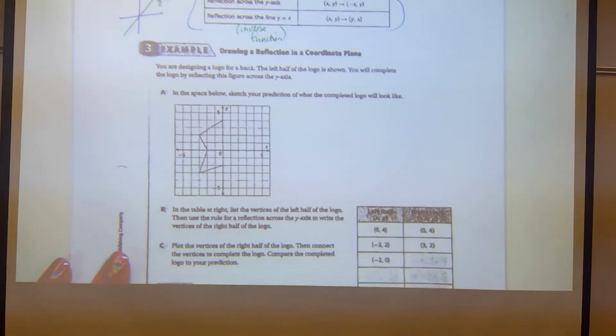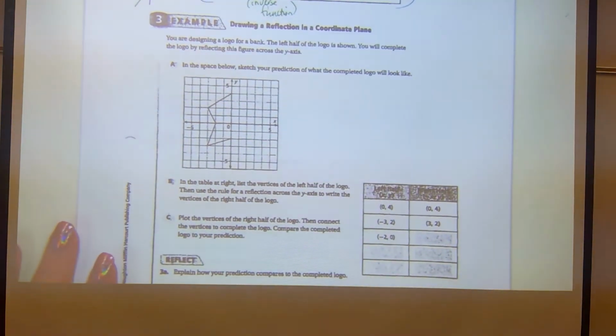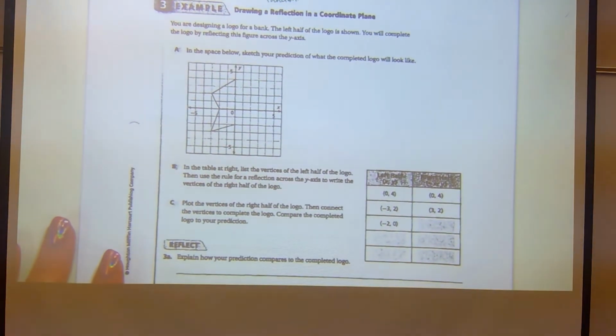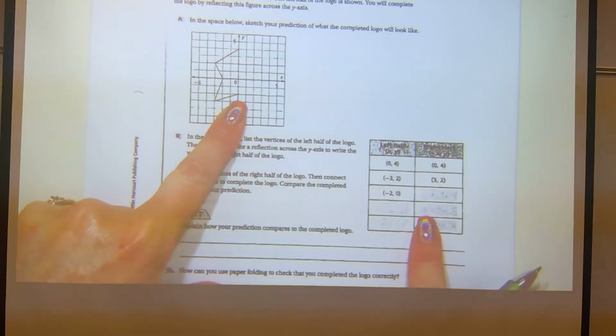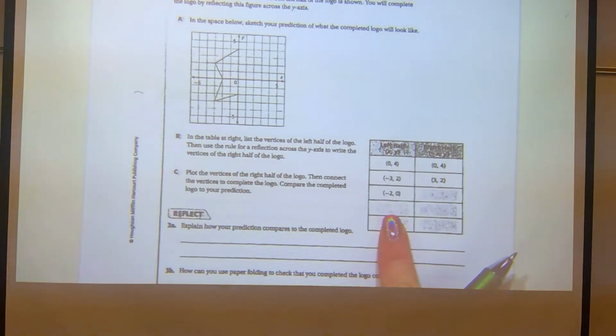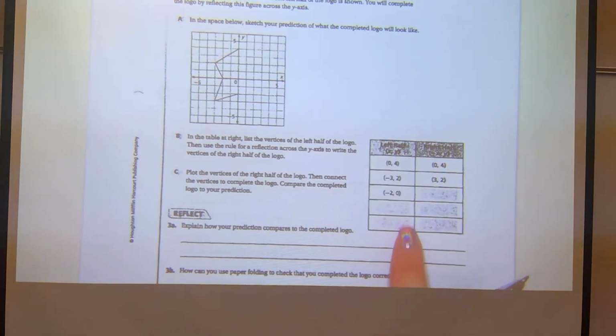Okay, draw the reflection in the coordinate plane. You're designing a logo for a bank. The left half is shown. You need to reflect it across the y-axis to complete it. Now you can eyeball it, you can fill in the missing coordinates. You're going to need to fill this in no matter what.